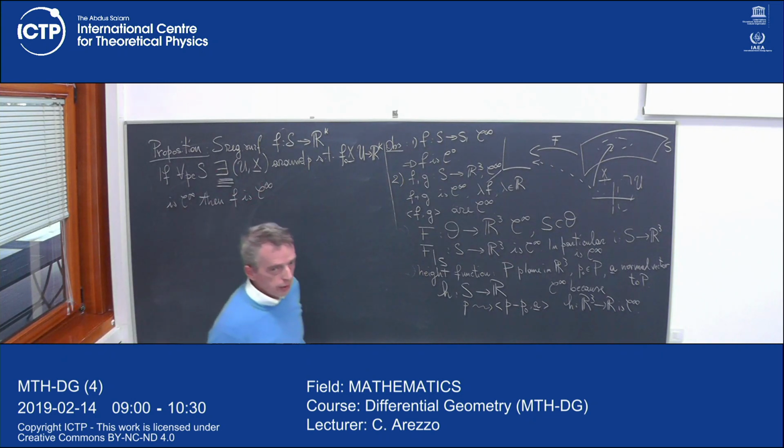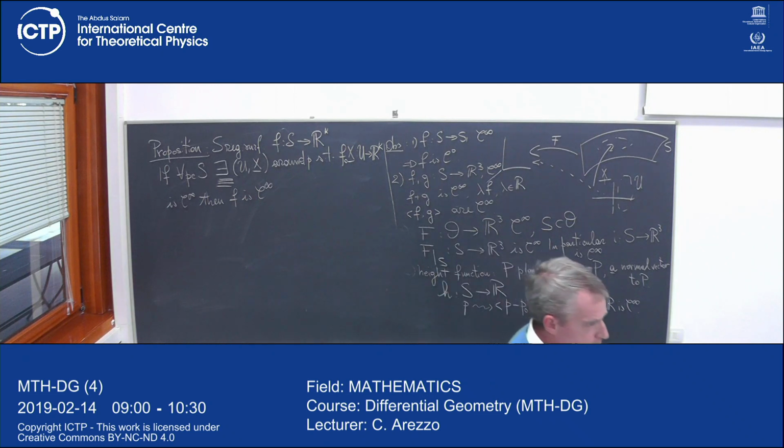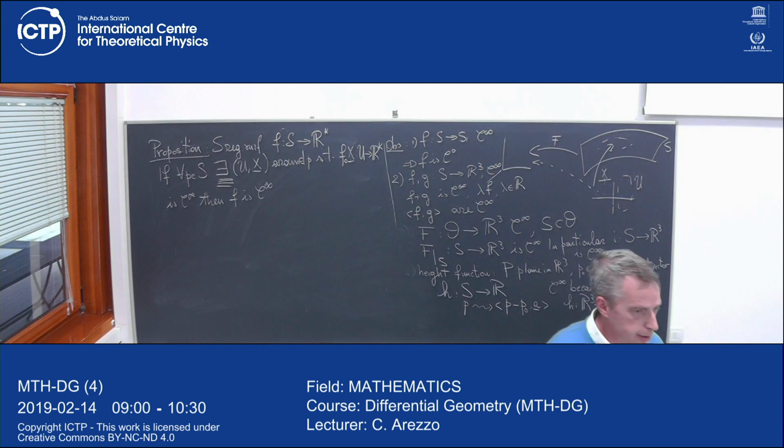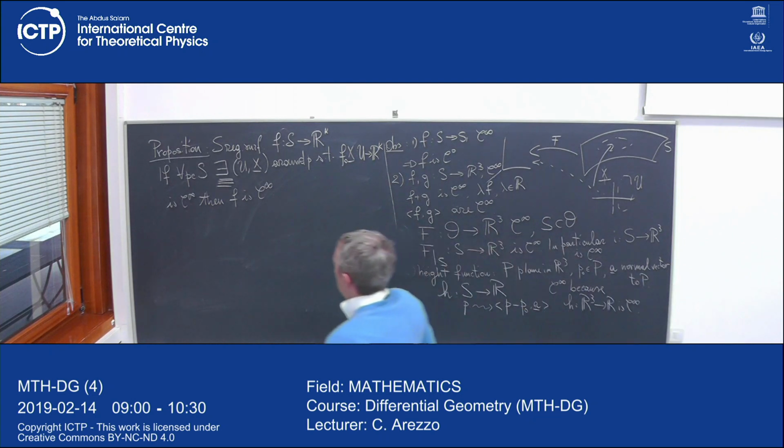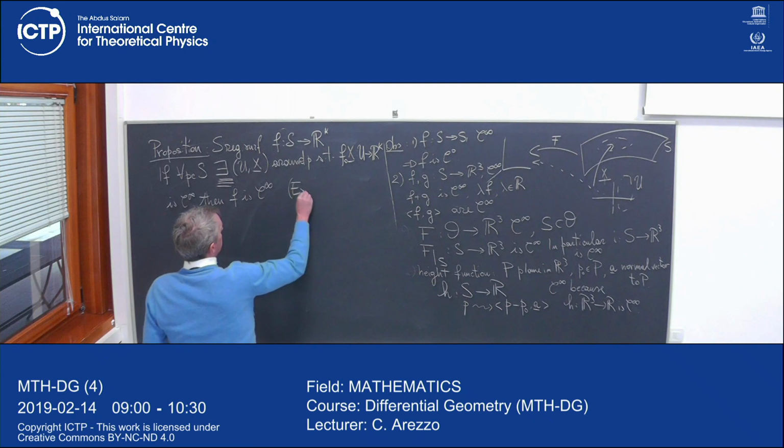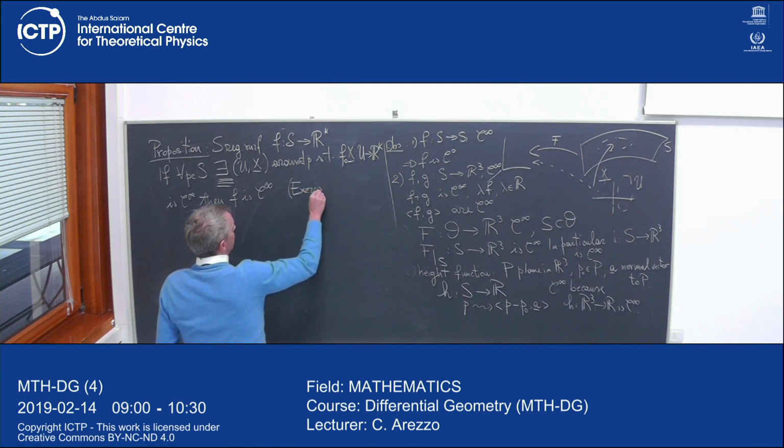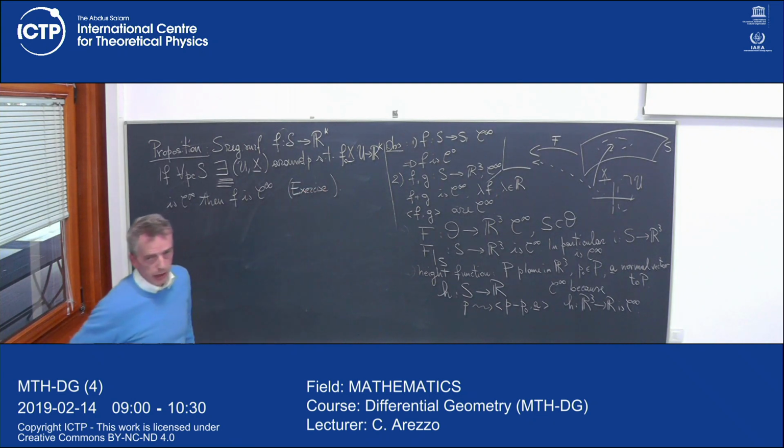So the idea is, of course, to compose the two things with what is called the change of coordinates. And then you have to argue something. And this something is really important.